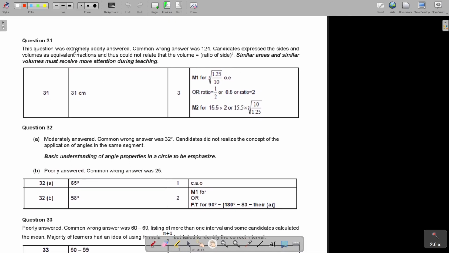The question was extremely poorly answered. Candidates expressed the sides and volumes as equivalent fractions and thus could not realize that the volume is to the power 3. Similar areas and similar volumes must receive more attention during teaching. Okay, and then you got the final answer of 31.